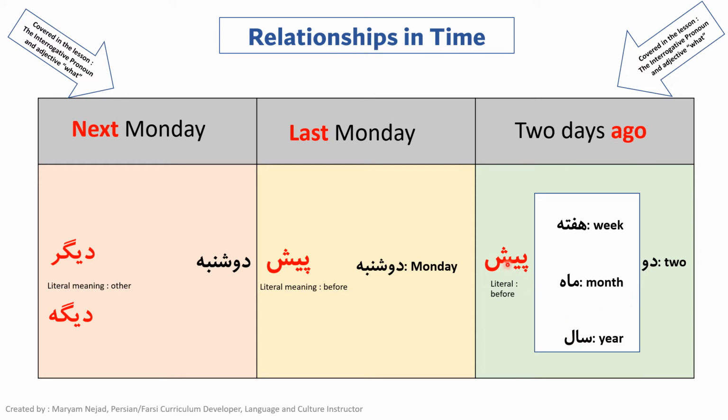And then what if you want to say last Monday, for example? Then here is Monday, دوشنبه, and then again we use پیش. But in this case, we need to have اضافه. So دوشنبه یه پیش.